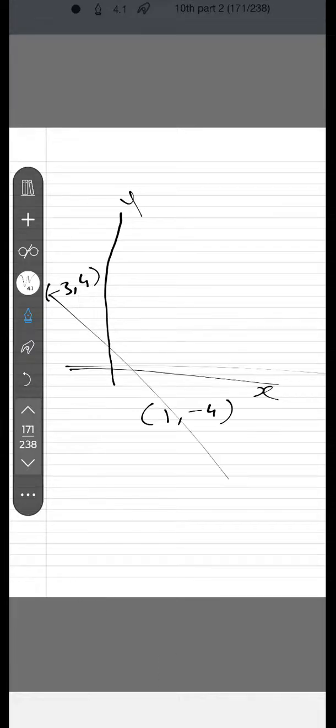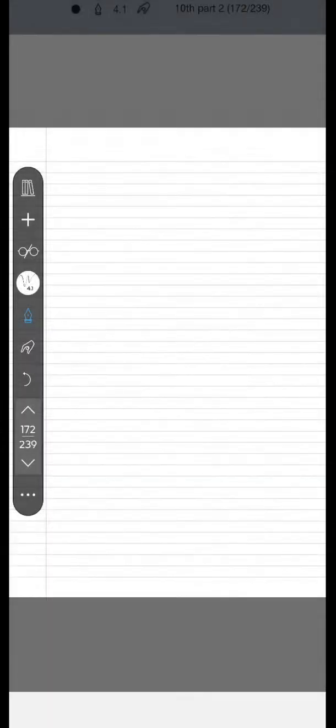What does it say? Find a point on the x-axis which is at equal distance from point minus 3 comma 4 and 1 comma minus 4. How can we find it out? Chalo, let's try to find out how you have to visualize that and how you have to solve that.